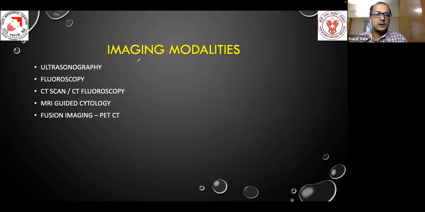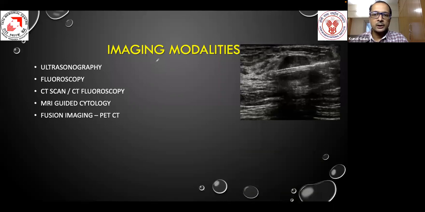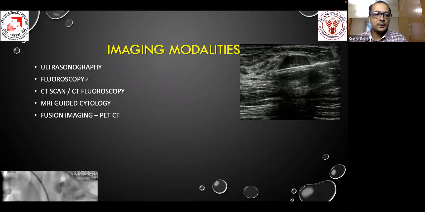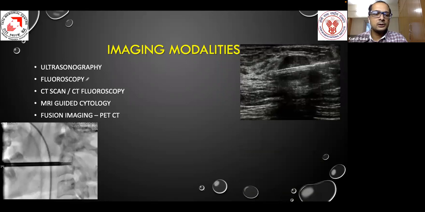Coming on to the imaging modalities, there are various imaging modalities available. Ultrasound, where the lesion is seen on ultrasound. Fluoroscopy-guided biopsy, particularly for the cervical junction, where you do an ultrasound-guided approach followed by a CT scan or fluoroscopy-guided approach.